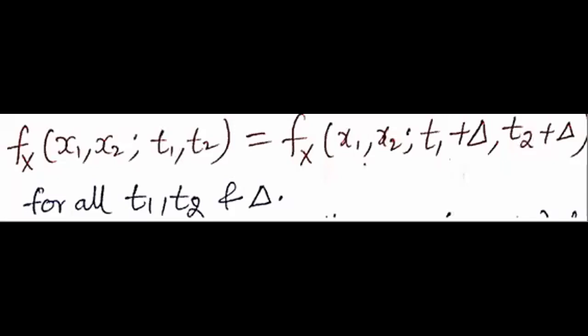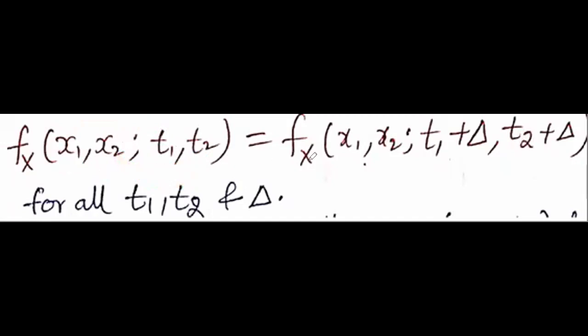Second order stationary process. So a process is called a second order stationary process if its second order density function satisfies this equation, that is small fx of x1, x2, and for this x1 we have t1, and for this x2 we have t2, right?